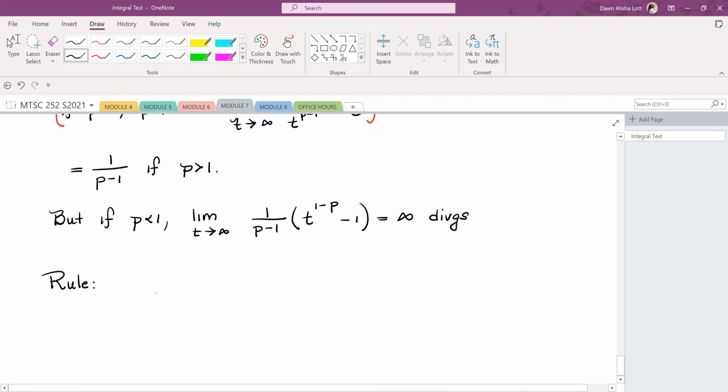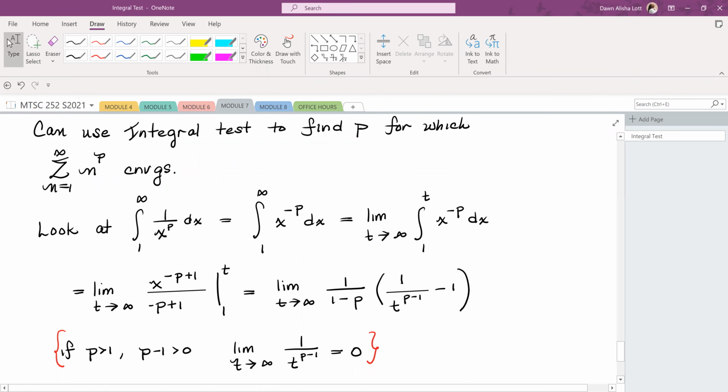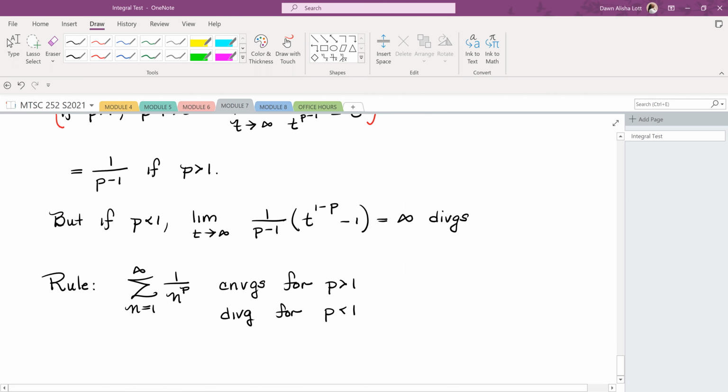The summation n equal 1 to infinity of 1 over n to the p converges for p greater than 1 and diverges for p less than 1. And up here we showed it diverged for p equal to 1. So we get this.